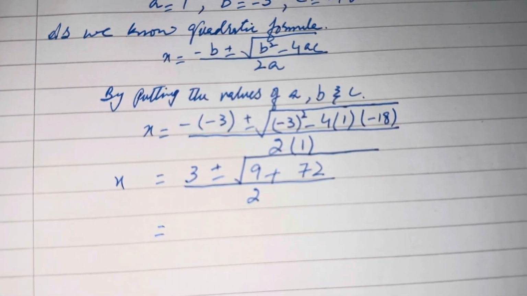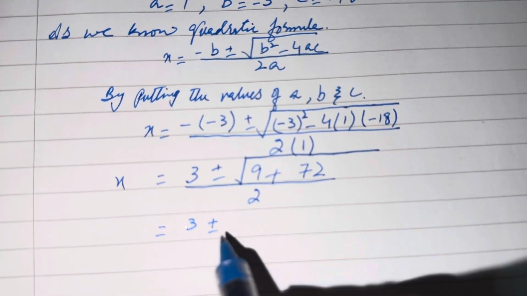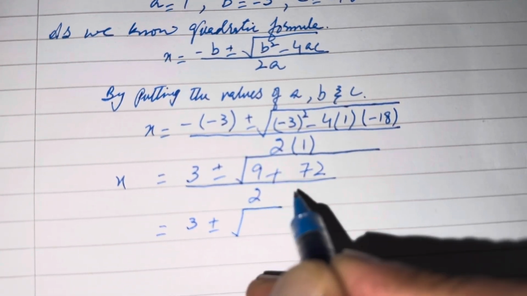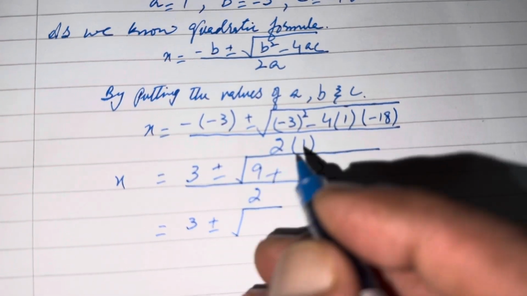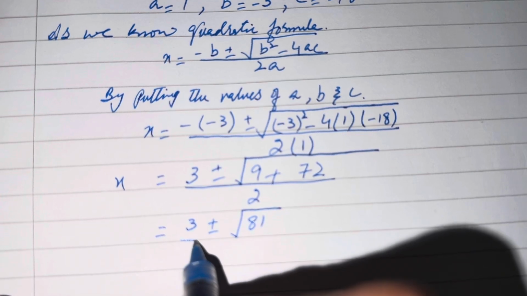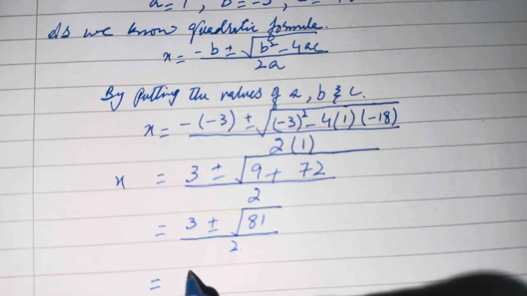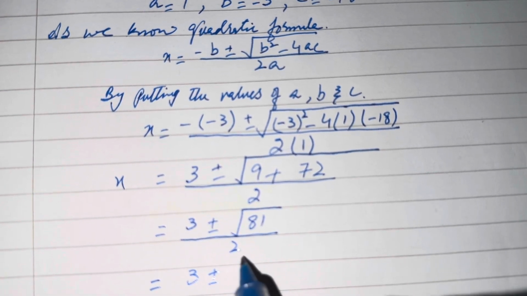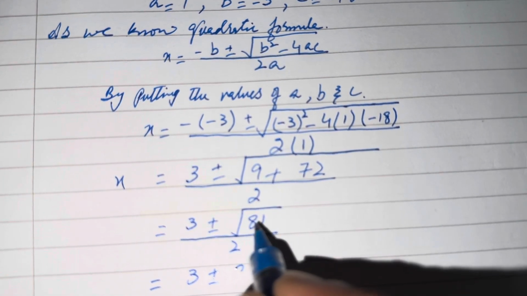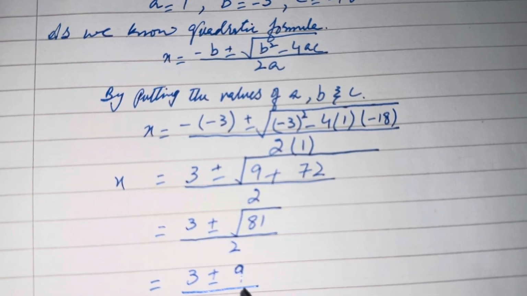So now a little bit more simplification will become like 3 plus minus under root, when you add 72 in 9 or 9 in 72, the answer will become 81, divided by 2, and 3 plus minus the under root of 81 is 9, divided by 2.